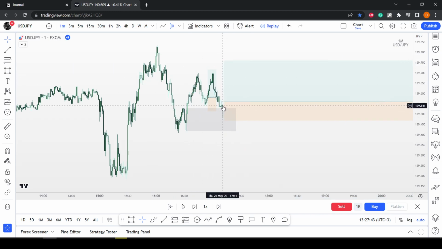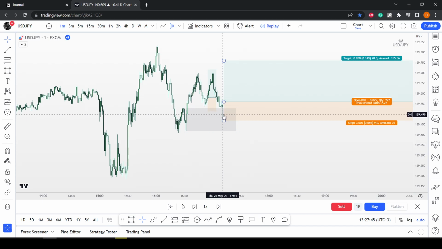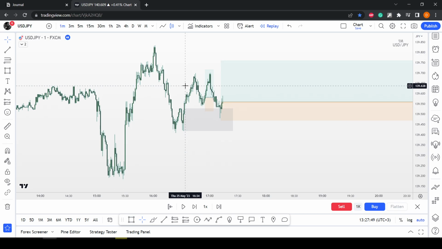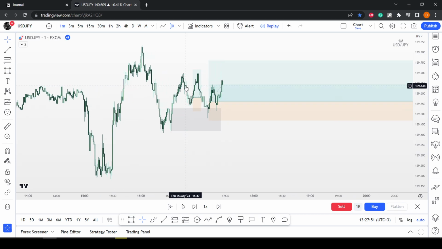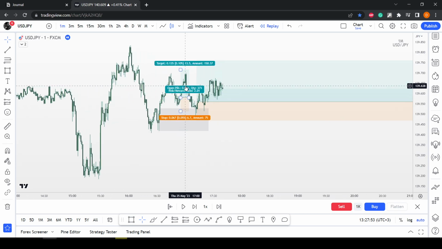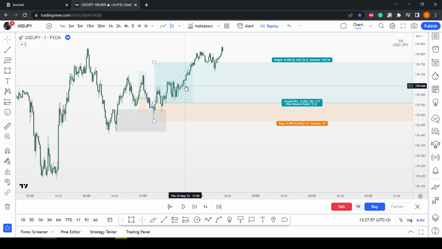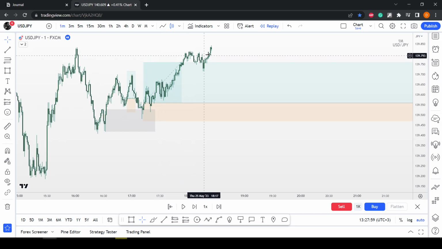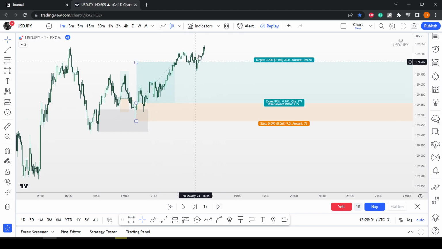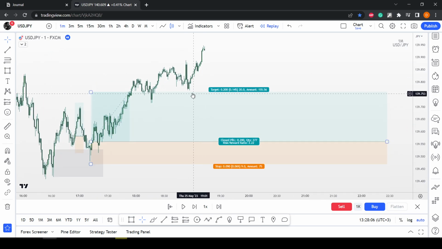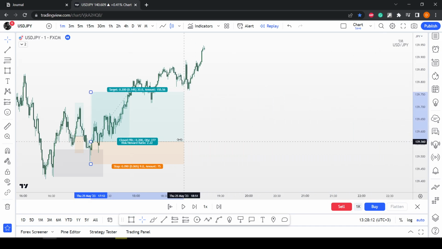So on the break of this candle, this fake candle, and full mitigation of a zone, I entered. So this was the entry. So somewhere here I went break even and then trailed after this break, trailed to this low, trailed to this low, I guess.